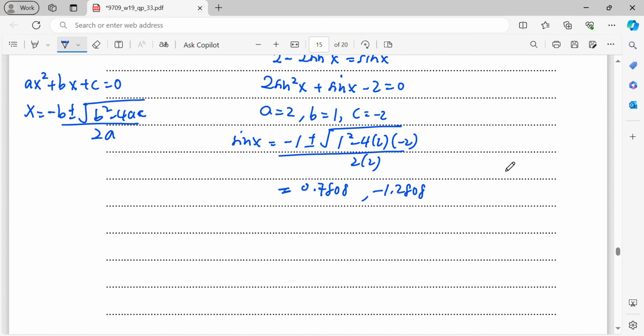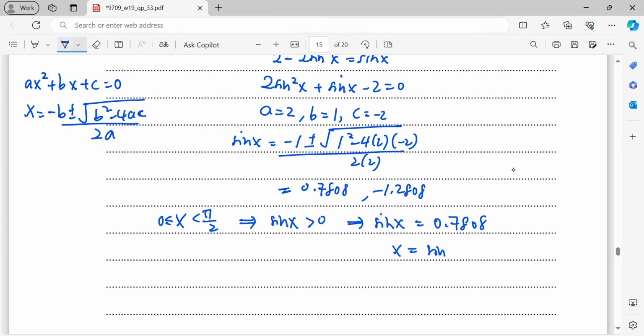So from here, when x is defined from 0 to half pi, we know that this means the angle is in the first quadrant. Therefore, sine x must be positive. In other words, I will get sine x equals 0.7808. With this sine x value, I can find my x by taking inverse sine.